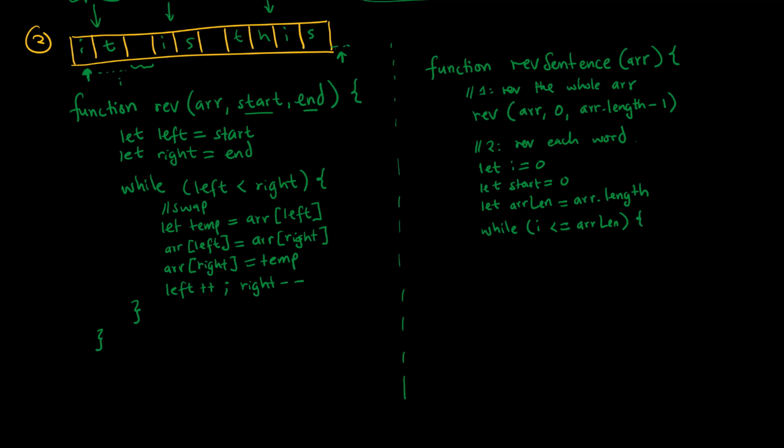You'll see it here. If array i is equal to space, and you can see the bug that I created: this is an equality, not an assignment. Or i is equal to array length.